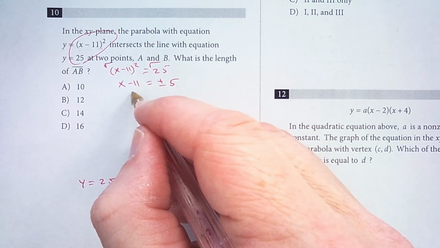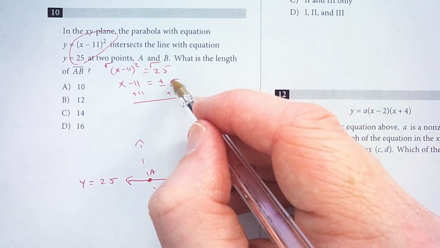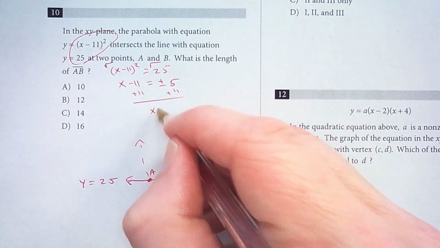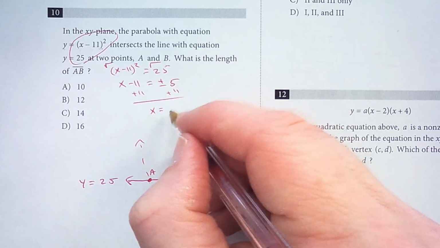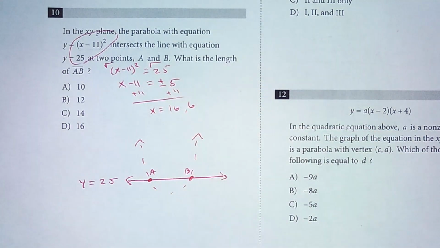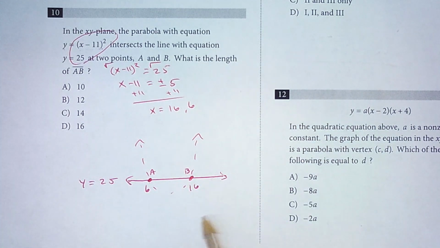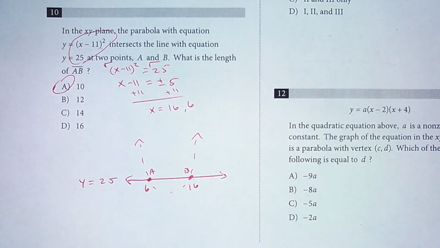And then I can add 11. So I have 5 plus 11, which is 16, and then I have negative 5 plus 11, which is 6. So I've got x values of 6 and 16. From 6 to 16 is a distance of 10, option A.